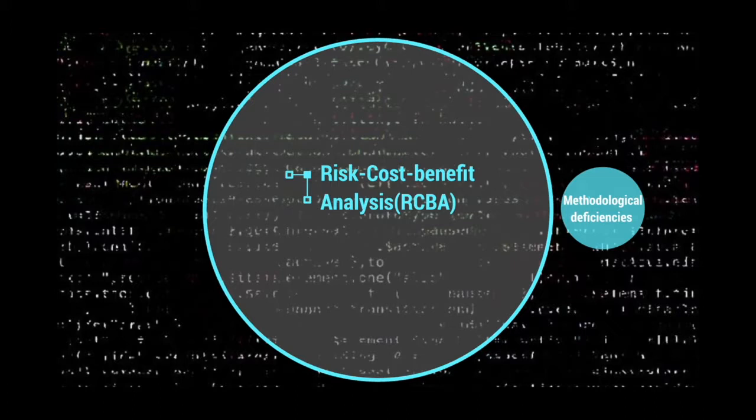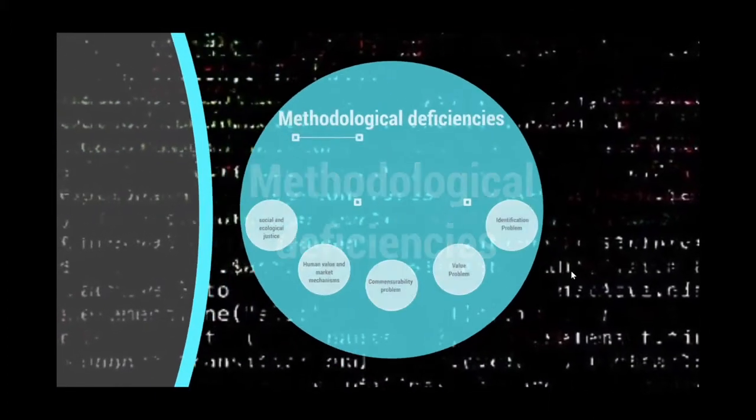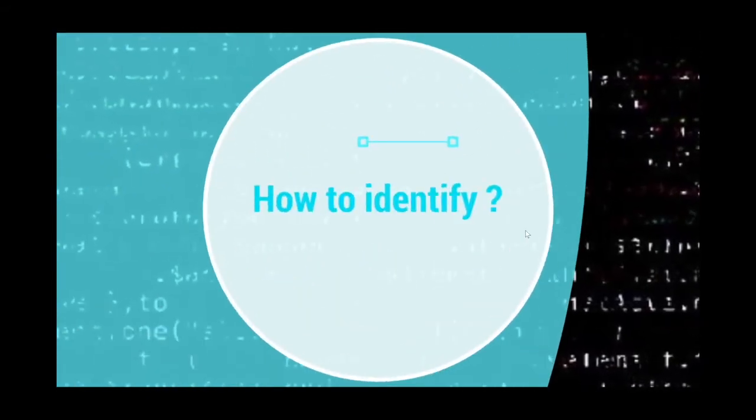The first one is an unquestioned assumption. It's an unquestioned assumption that all significant consequences can be enumerated in advance.